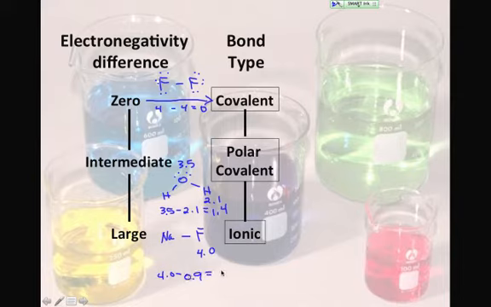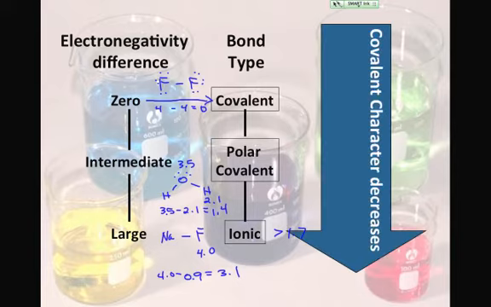When we subtract these two, we get a value of 3.1, which is a really large number. Anything greater than 1.7 is considered to be ionic, so 3.1 certainly meets that criteria. Once you get to 1.7 in that difference, then that bond is more than 50% ionic in its character, so we just consider it to be ionic.